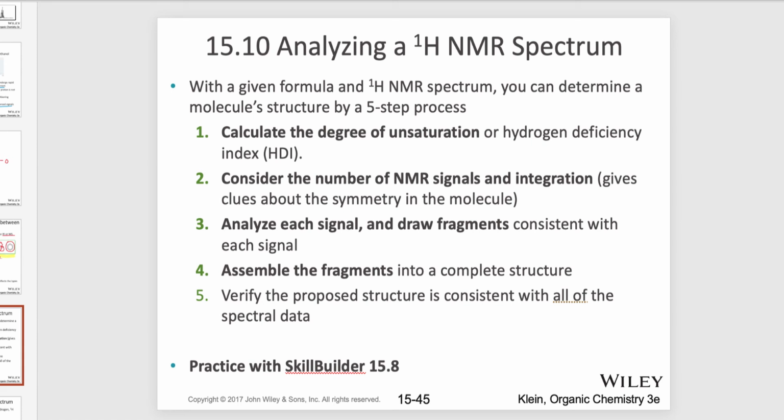So we had learned that as we're looking at a given formula, we can determine the structure. Look at the number of NMR signals, and we had learned a very important aspect, and again, they may play an important role.